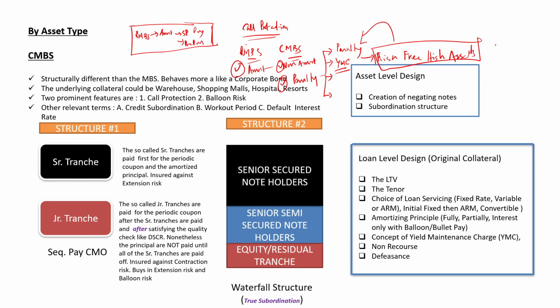So the borrower could be an owner of a shopping mall or a housing complex or a commercial complex altogether, or it could be a hospital. Any commercial establishment, the borrower could be from them.